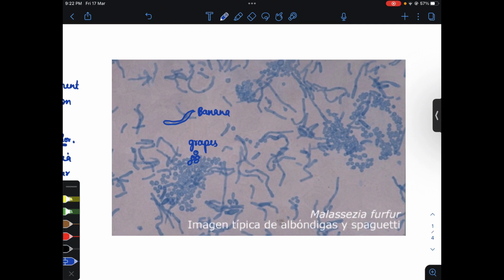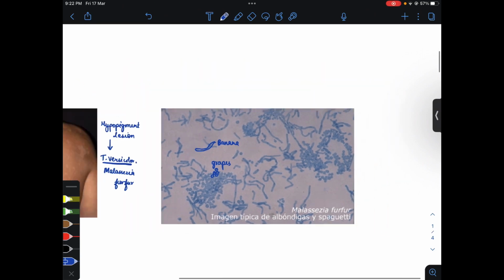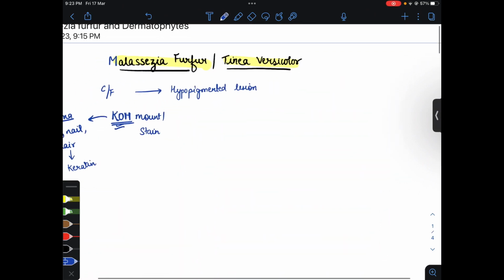So these are known as banana and grapes, or the most famous one, spaghetti and meatball appearance. From now onwards, please remember that the spaghetti and meatball appearance is seen in the potassium hydroxide mount, or for vegetarians, banana and grapes.